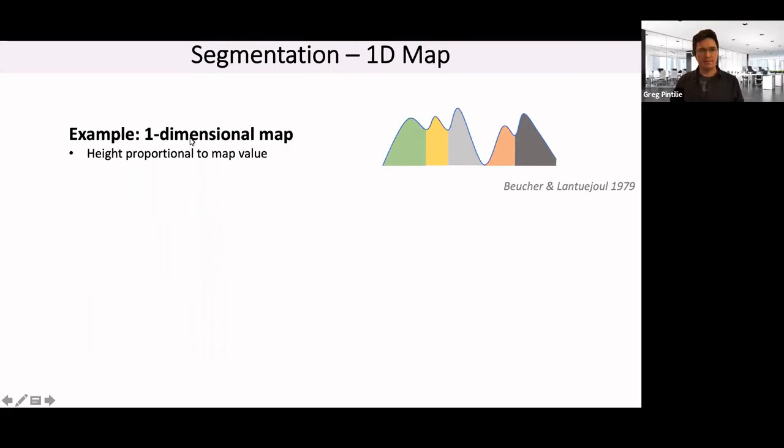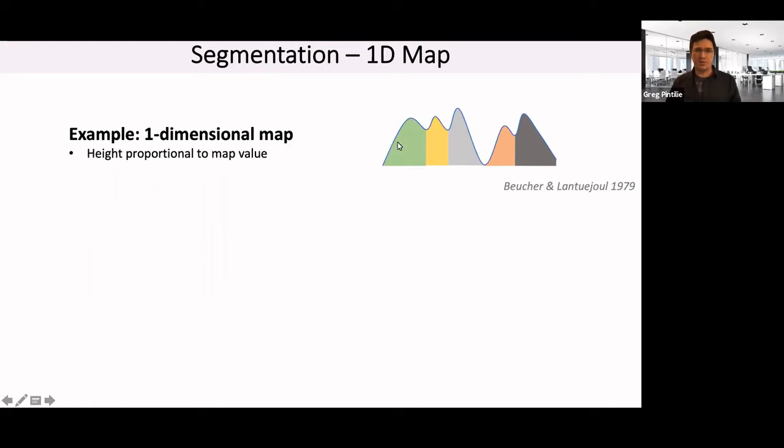watersheds. If we think of a map, just as an example, a one-dimensional map, we can think of the height of this curve as corresponding to the density, or the value in the map. So denser parts of the map are higher, and lower density regions are smaller.